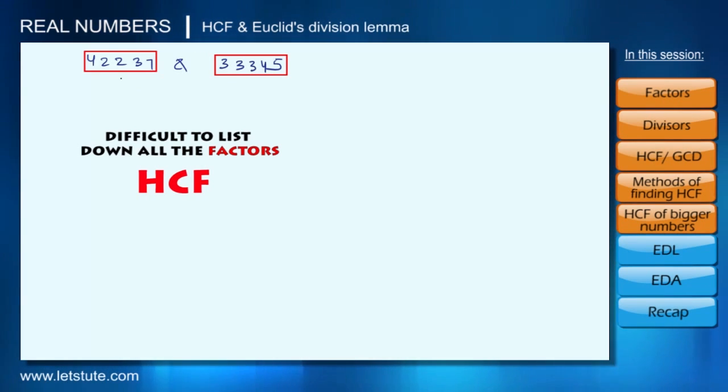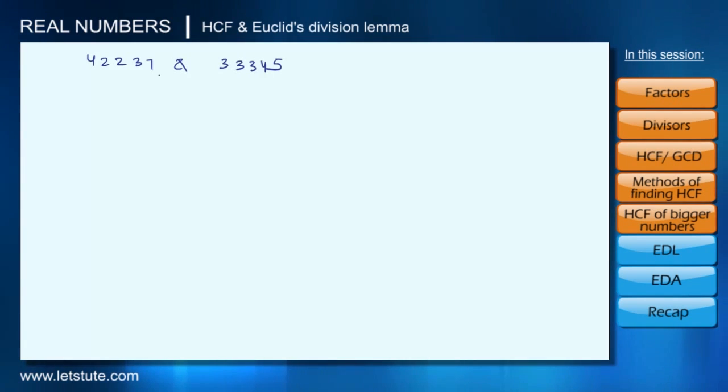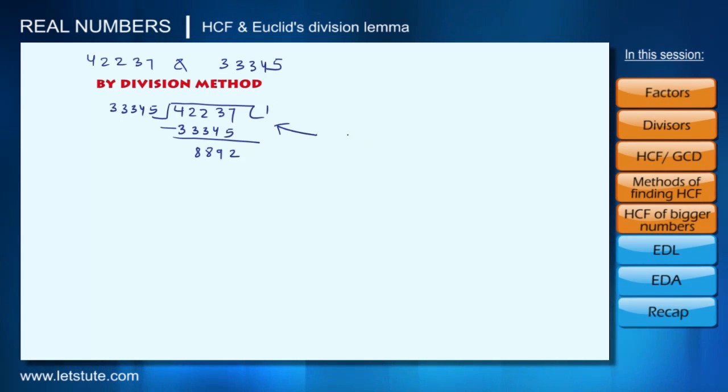So instead of going by this multiplication method, I would prefer to go by division method. So let's divide the two numbers. So this will go one time. We can write this as 42,237 is equal to 33,345 into 1 plus 8892. So here as we can see that the remainder is not equal to 0.